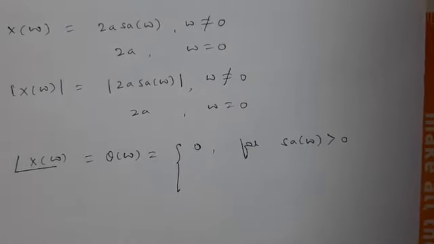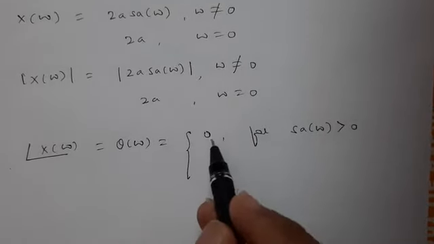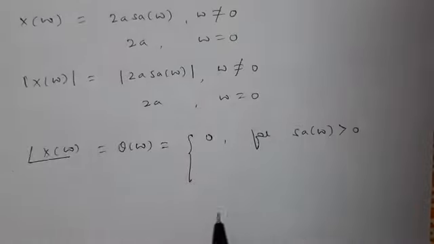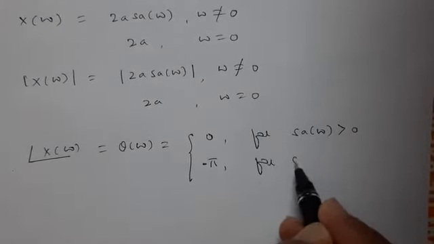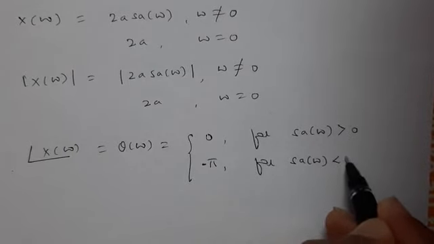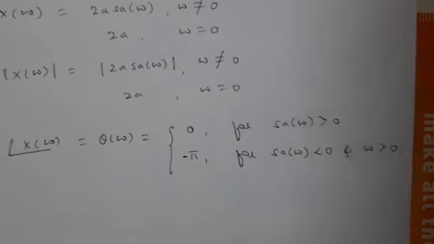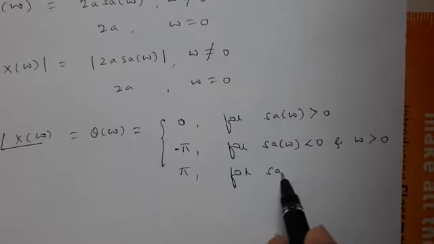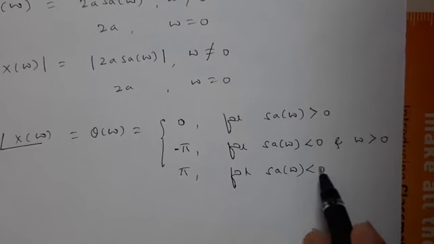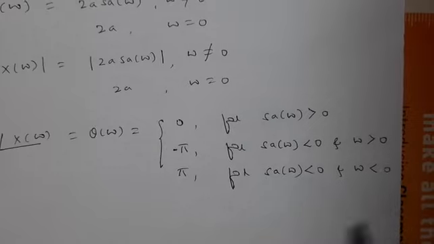When Sa of omega is greater than 0, your phase contributed by 2a Sa of omega is 0. It is minus pi for Sa of omega less than 0 and omega greater than 0, and it is plus pi for Sa of omega less than 0 and omega less than 0.